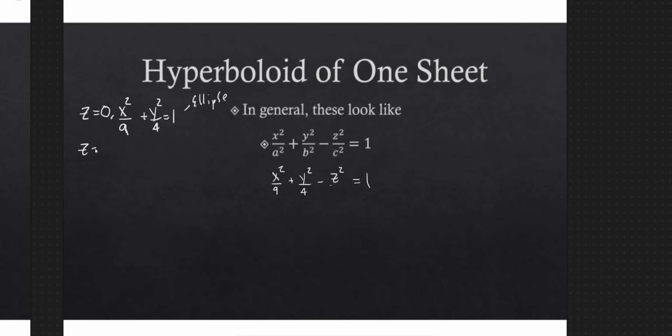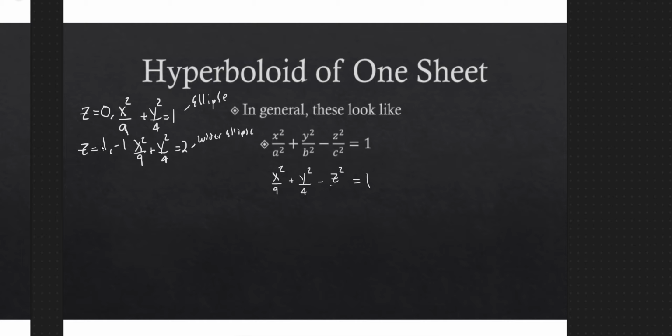If I change my z, so let's say z equal to 1 or negative 1, it won't matter because my z is squared. I'll get the same thing either way. That'll give me a negative 1 here. I'll add that over. That'll give me a 2. And so it'll look like x squared over 9 plus y squared over 4 equal to 2. Remember, we can divide that 2 across and see that this is really an ellipse that's just a little bit wider, both in the x and y direction.